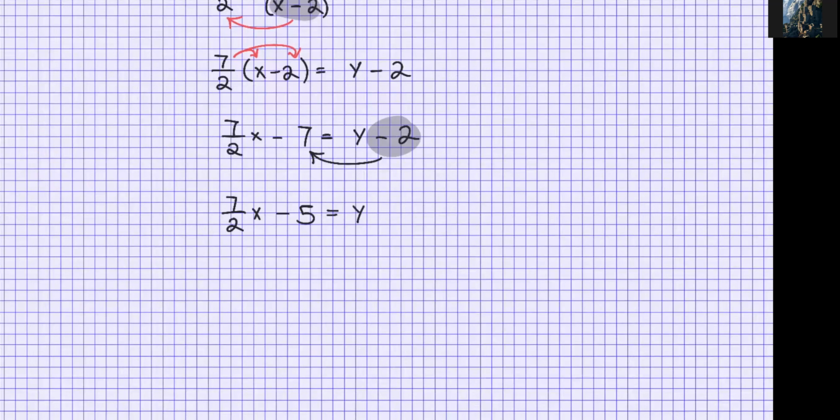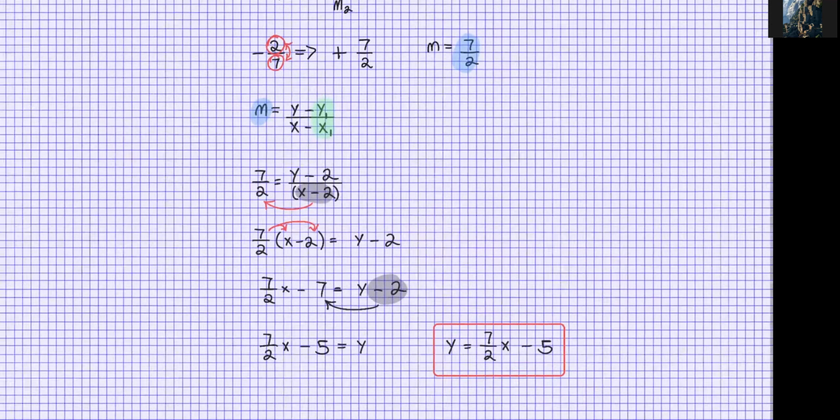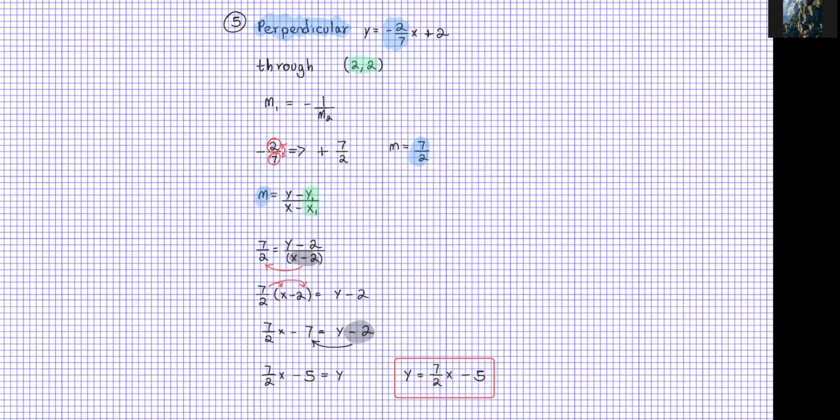And we have reached our solution. This is the final example for all different combinations of problems that you can find. And there we go. This is what you have to do whenever you're asked for a perpendicular line.